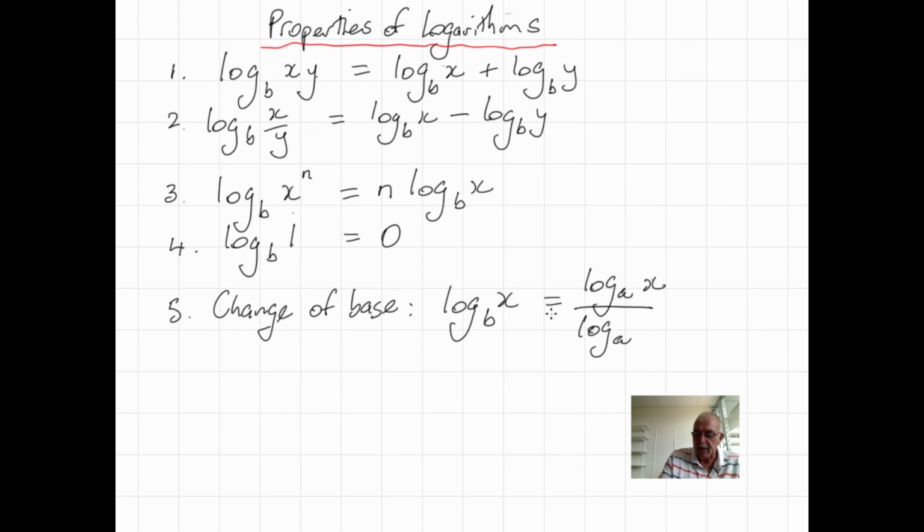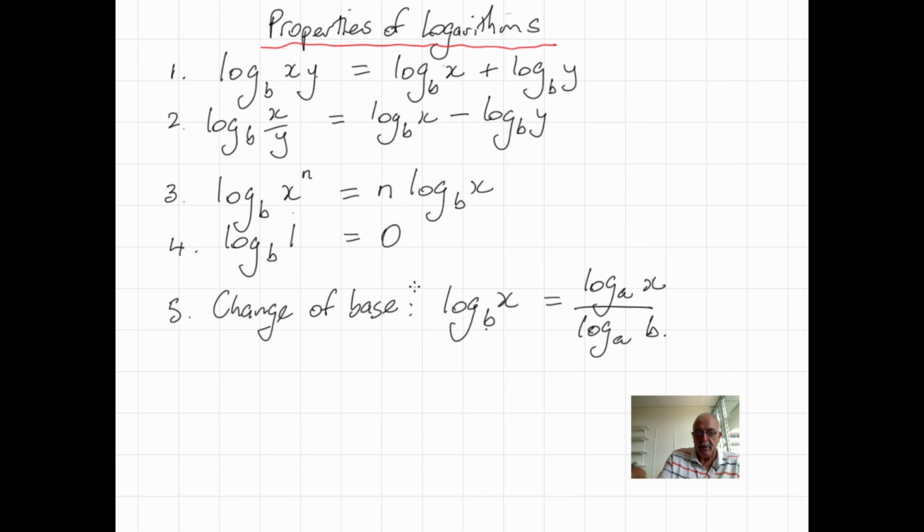Now this one is underneath that one, so that one goes there. So given that, say you've got something in base b, could be base 10, and you want to change it to base 4, you can do that. Alright, so that is the change of base theorem.